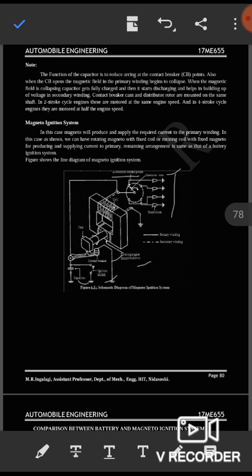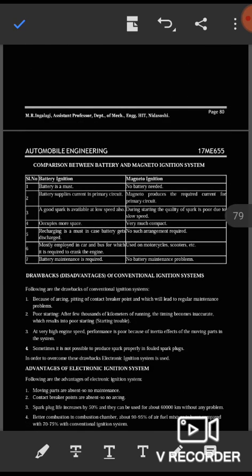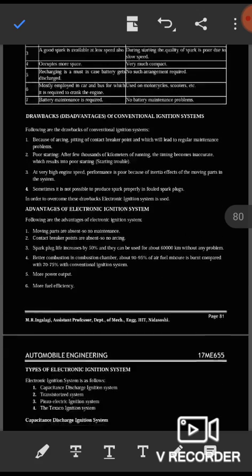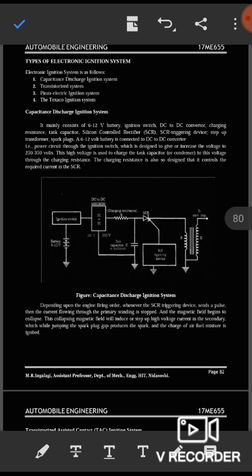Whatever arrangement is there in the battery ignition system, the same arrangement will be there. So the working procedure is also almost similar to the battery ignition system.